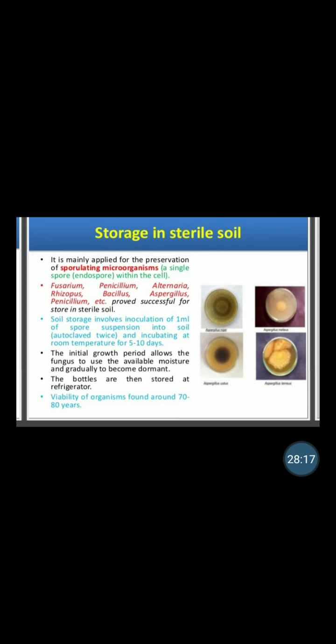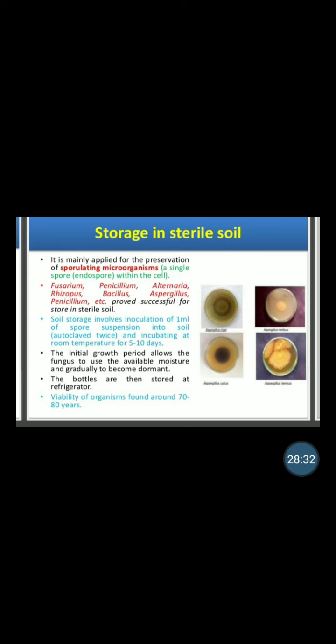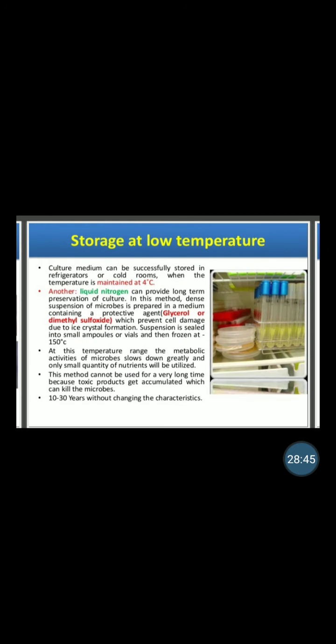The initial growth period allows the fungus to use available moisture and gradually become dormant. And next, the bottles are stored in a refrigerator, and the viability of the organism is found to be around 70 to 80 years.